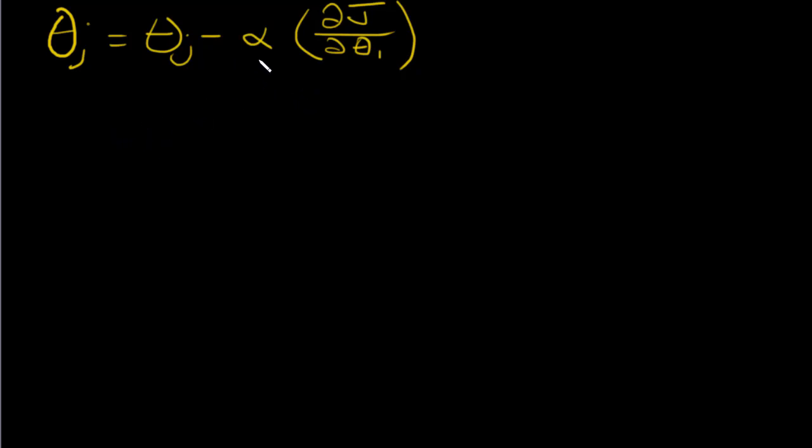So in order to implement this, we need an expression for the partial derivative of the cost function with respect to theta 1. So we'll start off, we'll rewrite the cost function.